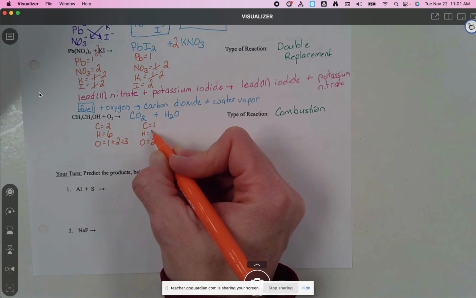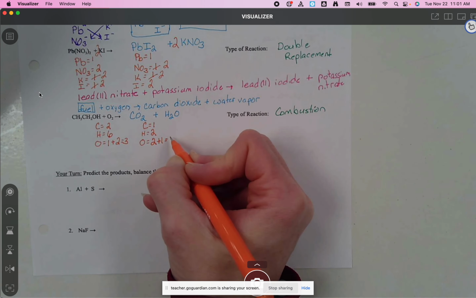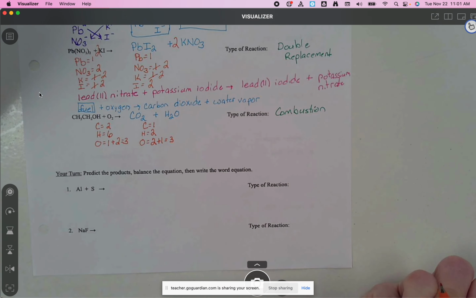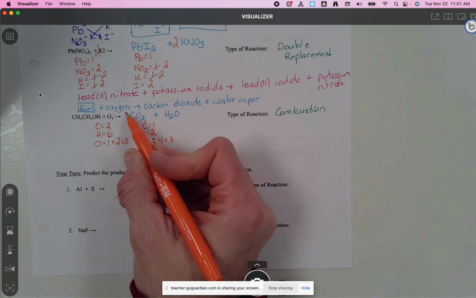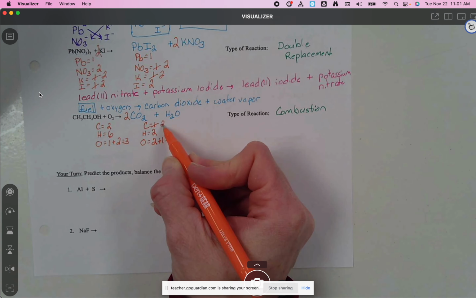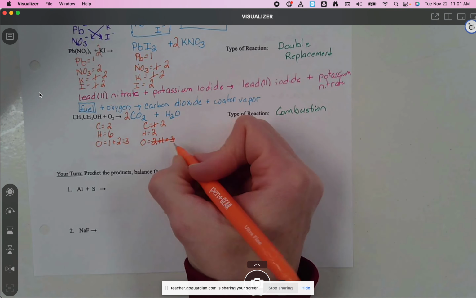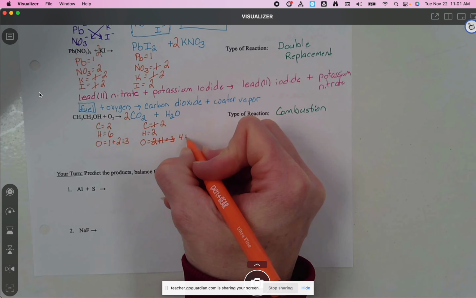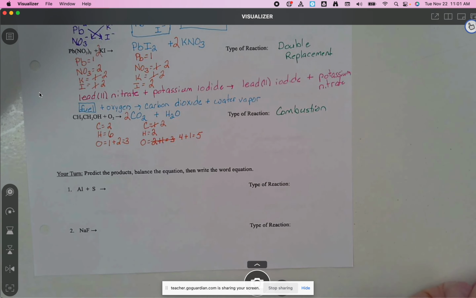My water has 2 hydrogens and another oxygen for a grand total of 3 on the oxygens. We balance them in CHO order. To get my carbons up to 2, it's going to take 2 of those. So that's 2 carbons. My oxygen has become 2 times 2 for 4, plus an extra 1 from the water for a total of 5.